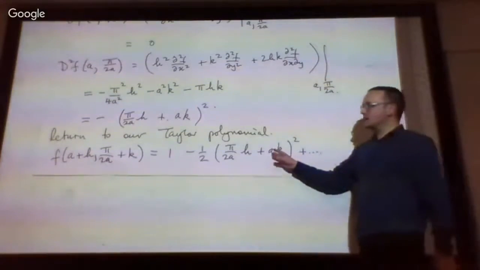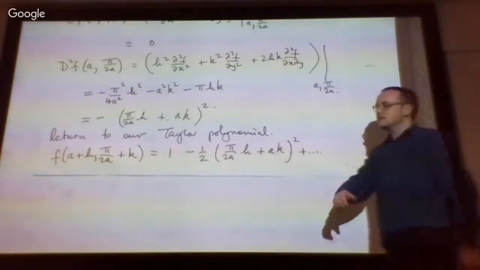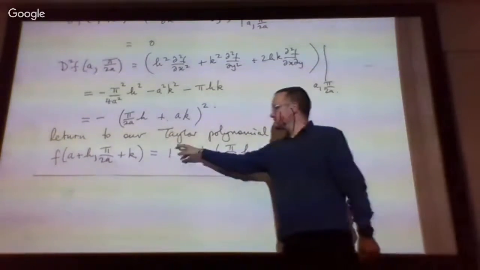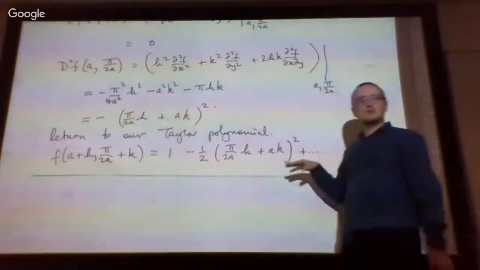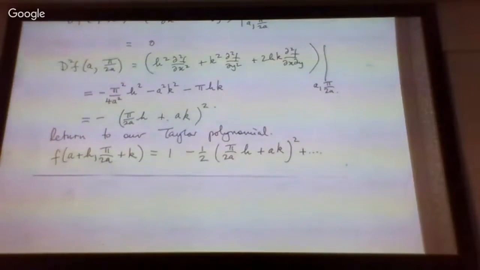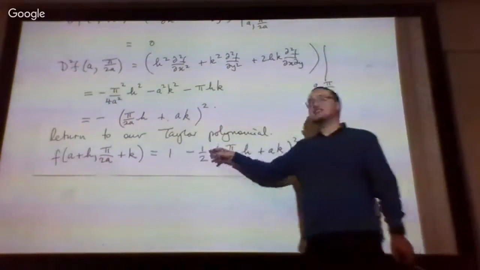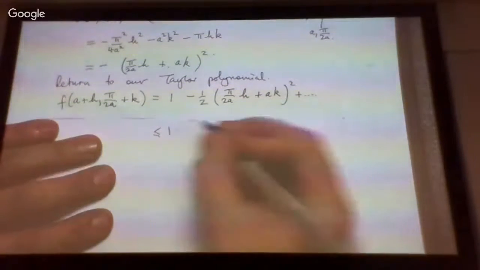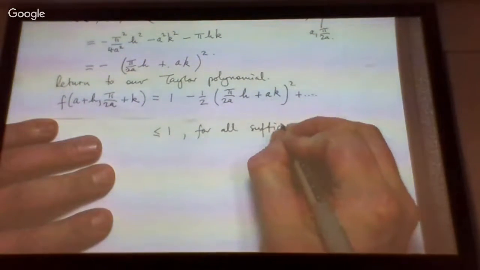Okay, so you can tell the relationship between the nearby value and the value at the base point itself. Because this is the constant value 1 minus a square. This square term is always going to be non-negative. It's always going to be greater than or equal to 0 because it's a square. And we're always subtracting it. So we're always going to get a value less than or equal to 1. Okay? So this will be less than or equal to 1 for all sufficiently small h and k.